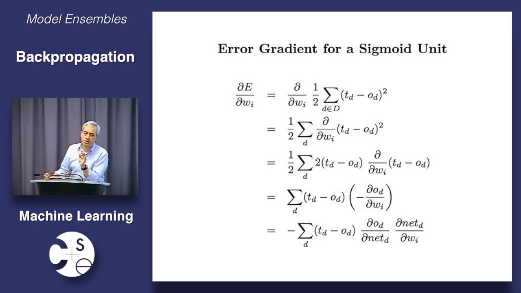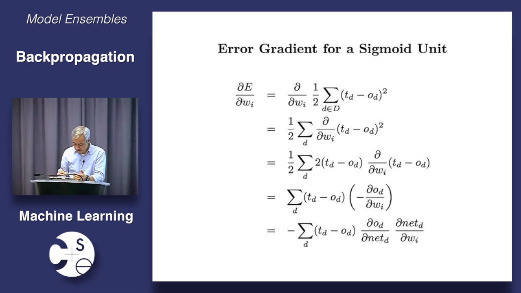Let's repeat the thing that we did before for the linear unit, but with our new nonlinearity added, and let's see what changes. It's actually not that much. Remember, I want to compute the derivative of the error with respect to each of the weights. We have a single neuron, it has a sigmoid at the output. So here's the same thing as before. The derivative of the sum is the sum of the derivatives. So far, so good.